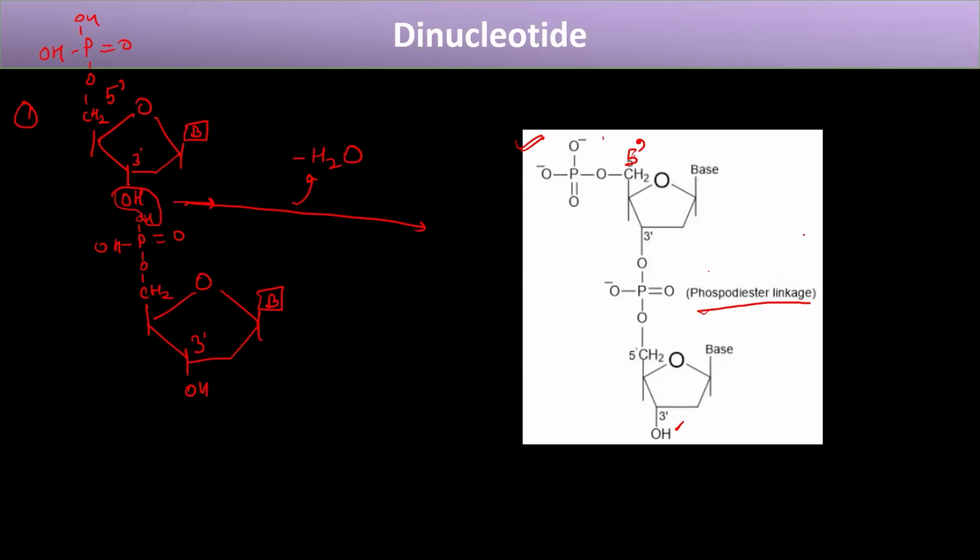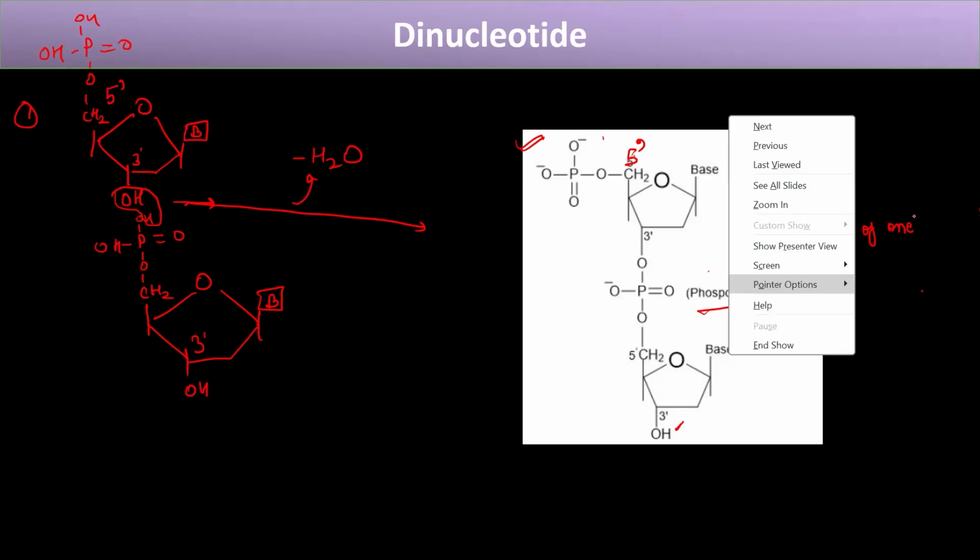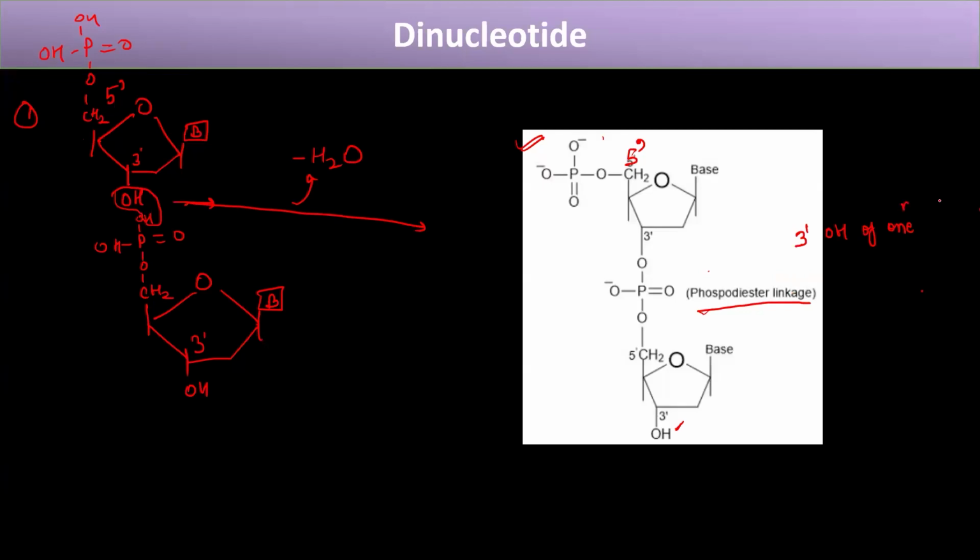And this phosphodiester linkage is formed between the 3' OH of one nucleotide sugar, that is this sugar, and the 5' phosphate of the other nucleotide.